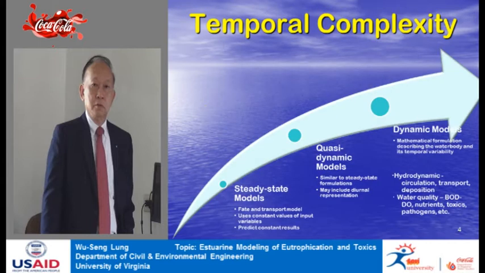Take a look at some temporal complexity. We can have steady-state models, quasi-dynamic, eventually dynamic models. Steady-state doesn't change, and then all the way to real time. In that case, we need hydrodynamics, very complicated hydrodynamics.